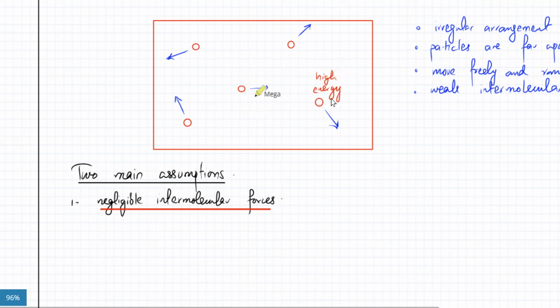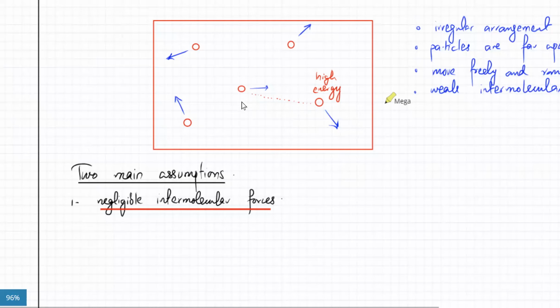then it wouldn't really care about the force of attraction. For example, if you have a carbon dioxide molecule and another carbon dioxide molecule, the molecules might be attracting each other very slightly, but at high energy they can easily break the intermolecular forces. Water is a gas at high temperatures. Why are water molecules gaseous?